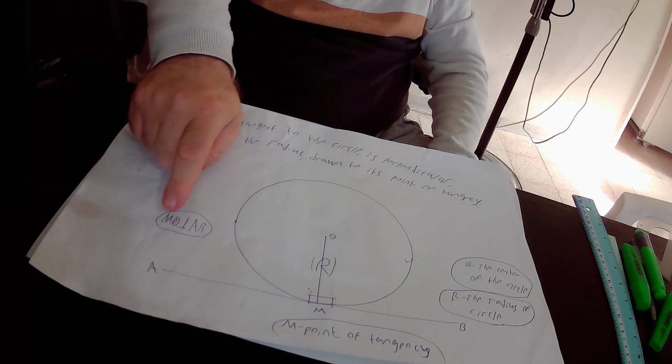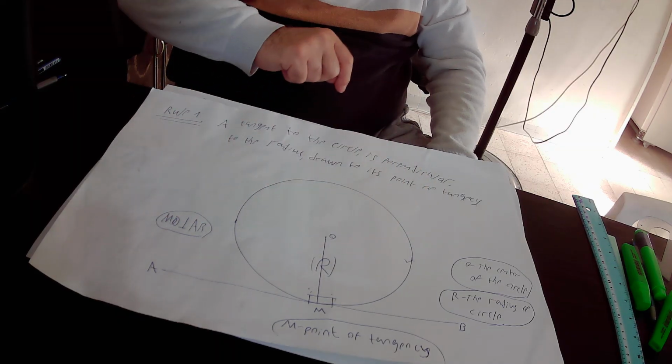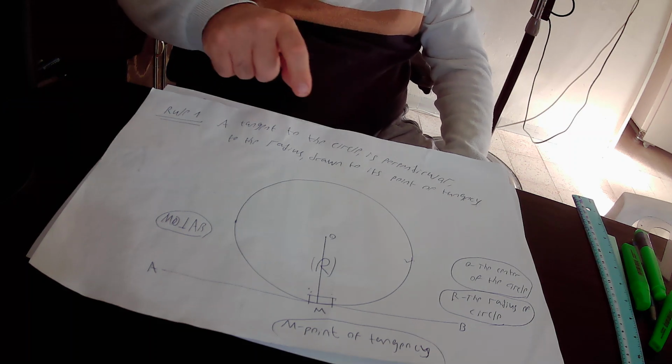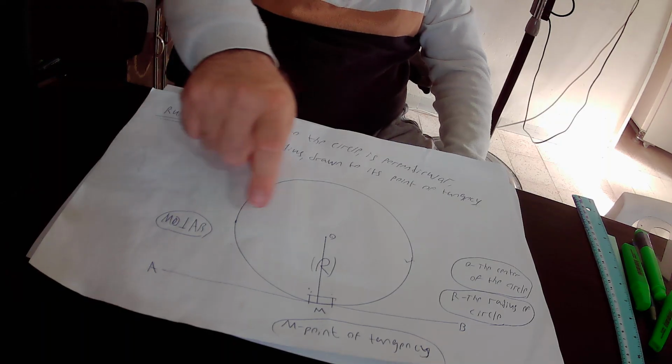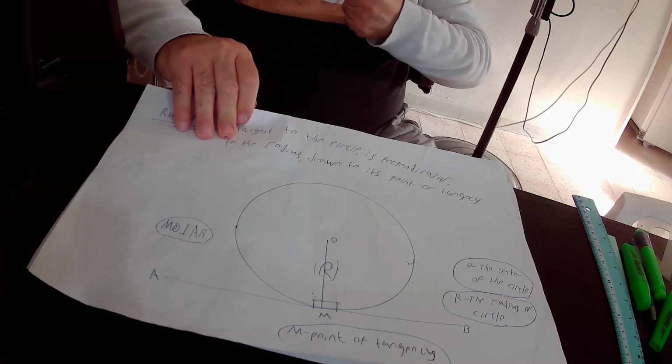You can see that line segment AB is tangent to this circle at point M. So whenever you have a line segment that is perpendicular to the radius, then the line segment will be defined as a tangent. So we can implement rule 1 in our drawing.